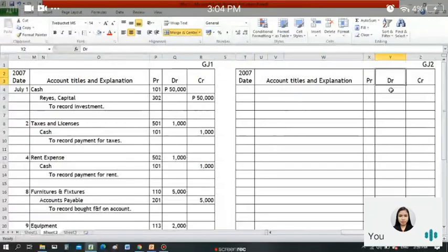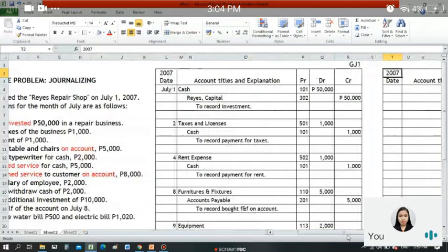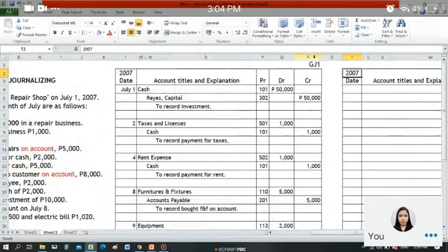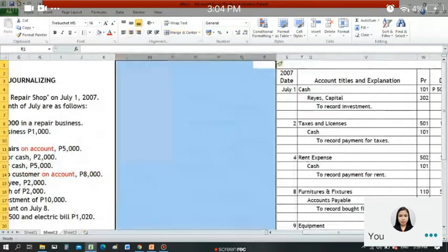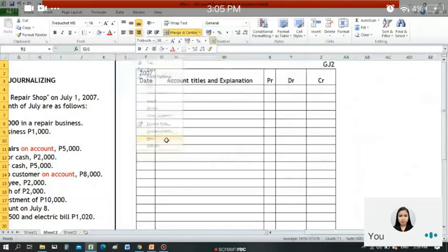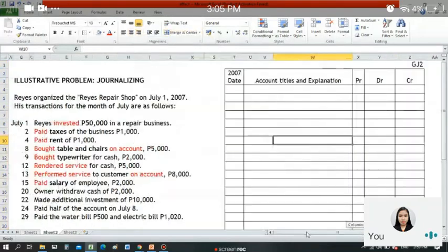You will rewrite again the year of the transaction. Gawin ko, hide ko muna ito. Since already done here, hide. Okay. So meaning we are now in our second page of general journal or the GJ2.